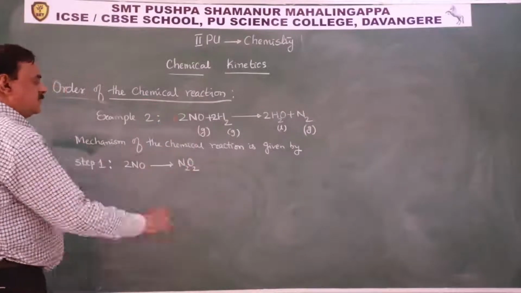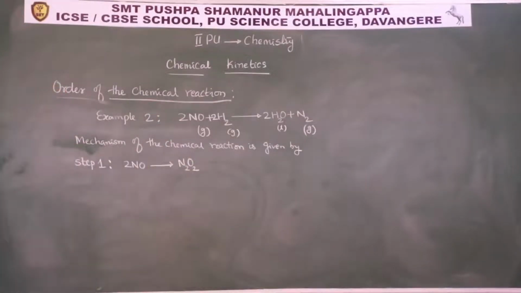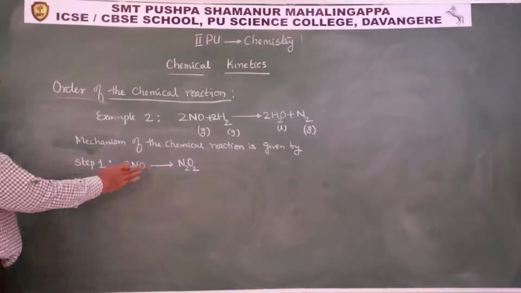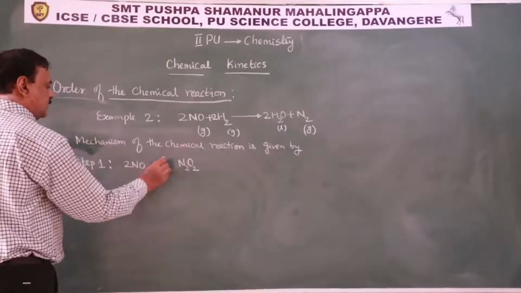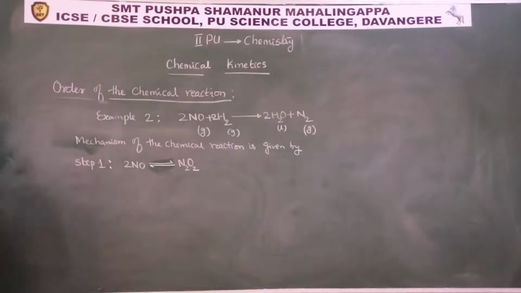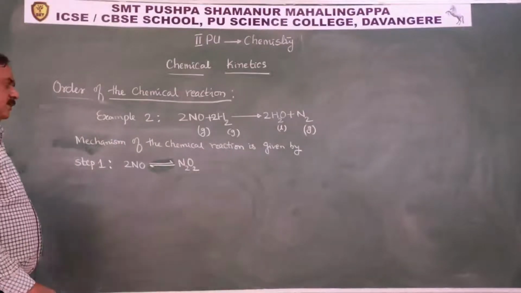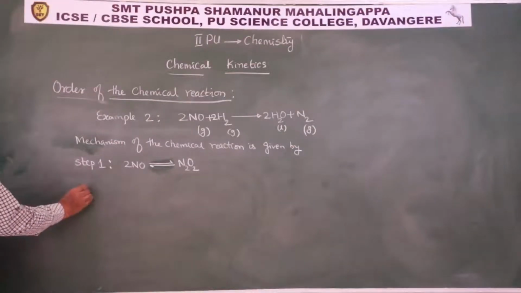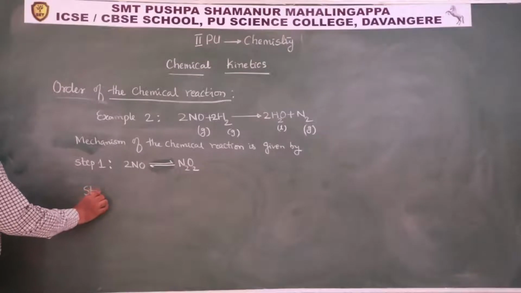This is a peroxide. This reaction occurs in two steps; there is a balance, an equilibrium chemical reaction.